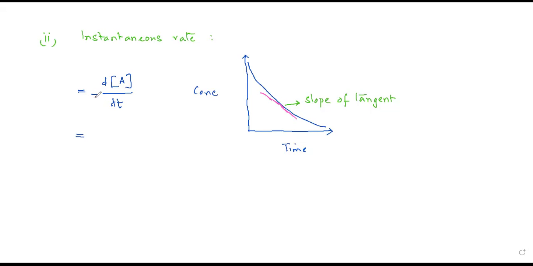And here also this minus sign refers to decrease in concentration with the time. So this is the second variety. Okay. Now this is with respect to reactant. It can also be given with respect to product B.